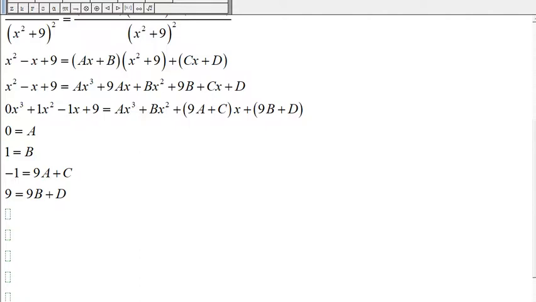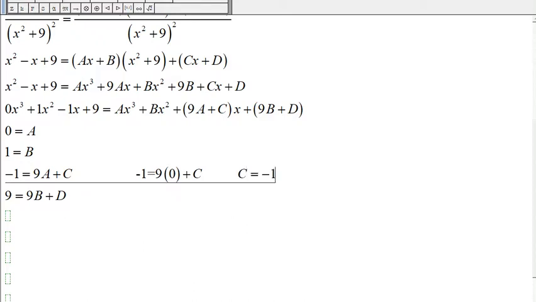So we end up with a is 0, b is 1, and then from here we have negative 1 equal to 9 times 0, since a is 0, plus c. So we have c equal to negative 1. And then from here we get 9 equal to 9 times b, which is 1, plus d.